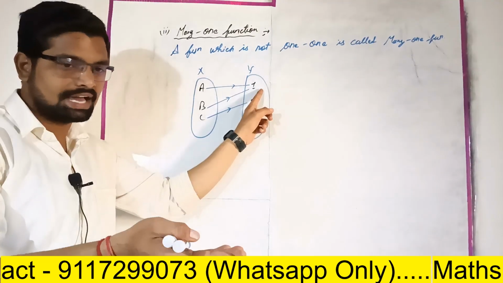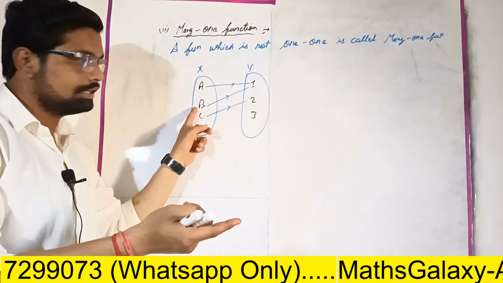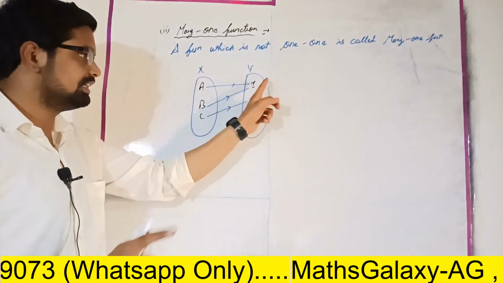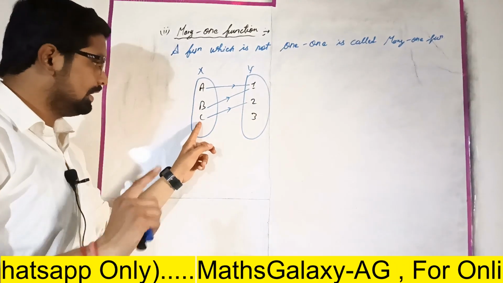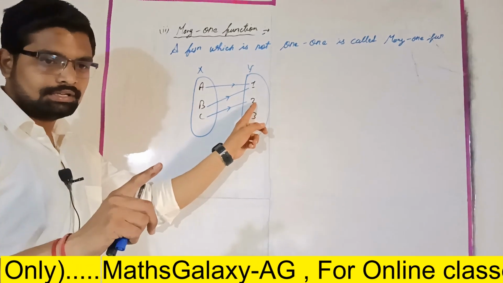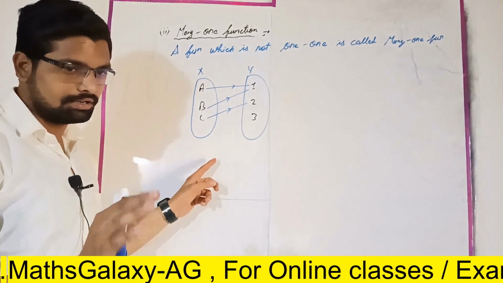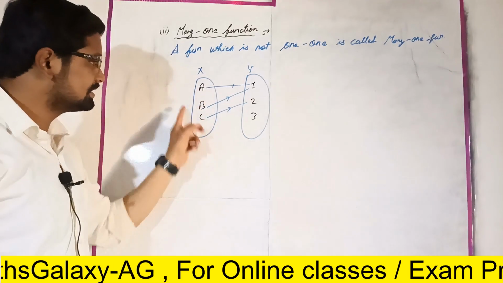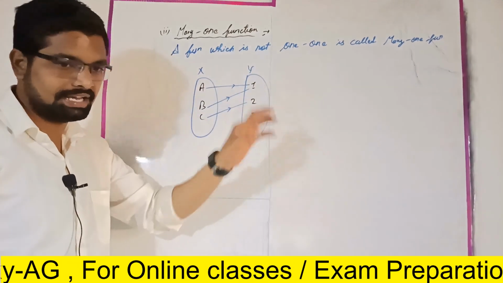Element b has also only one image, that is 1. Element c has only one image, so it also has a unique image. So every element of set A has a unique image in set B.